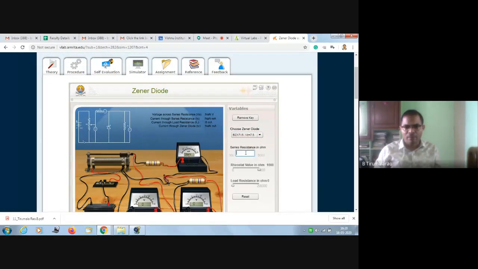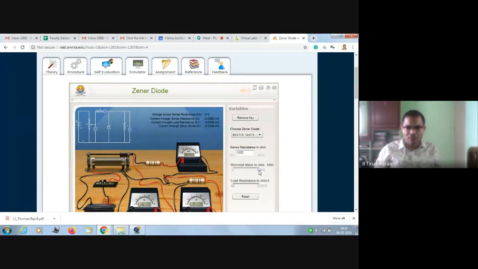Okay, you can set the series resistance in ohms. You can fix the series resistance maximum 300 to 5,000. Go with 1,000. Then the rheostat value.